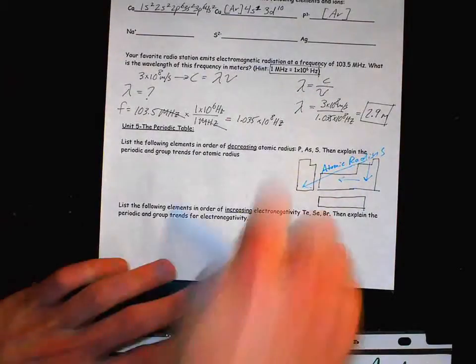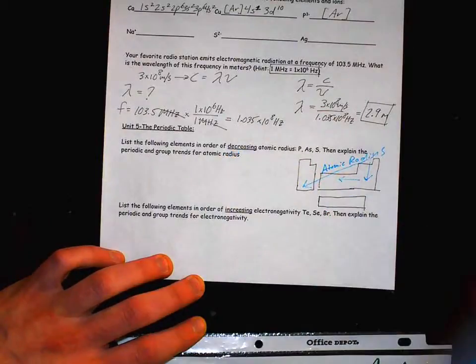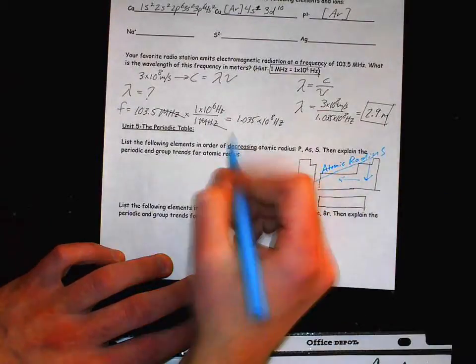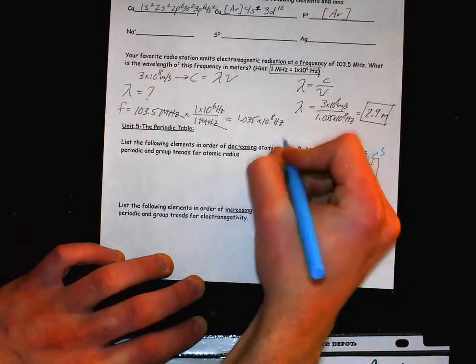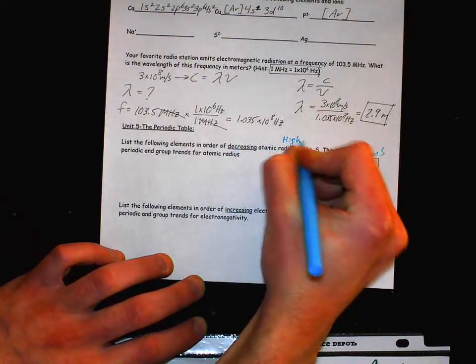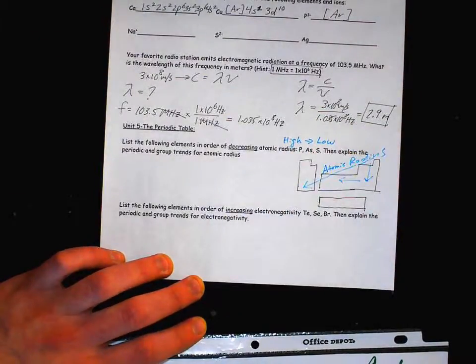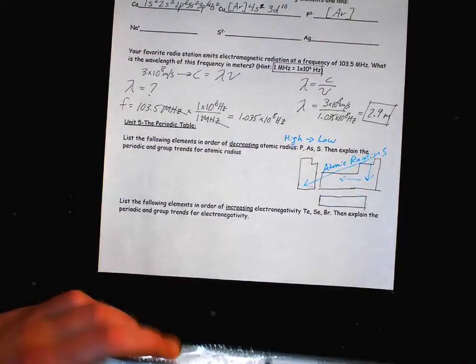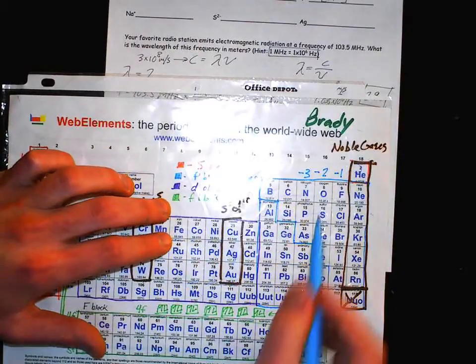So we want to put these in order of decreasing atomic radius. We want to put them in order of high to low. So we want to start with the highest and then go to low. Okay, so keep that in mind. We want to go from the highest atomic radius to the lowest. So we're looking at phosphorus, arsenic, and sulfur.